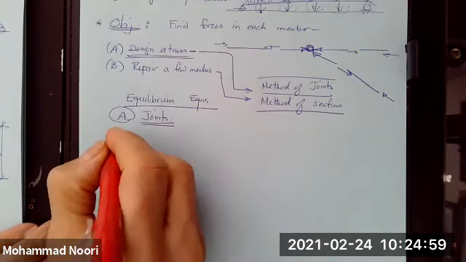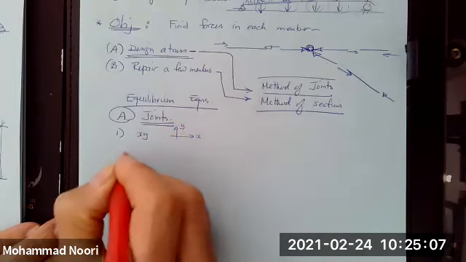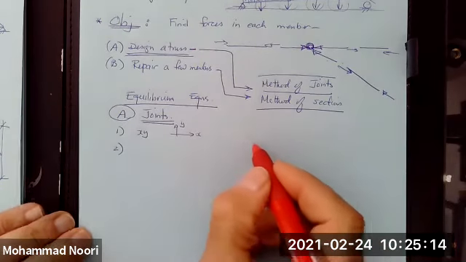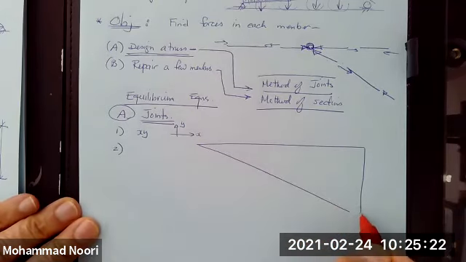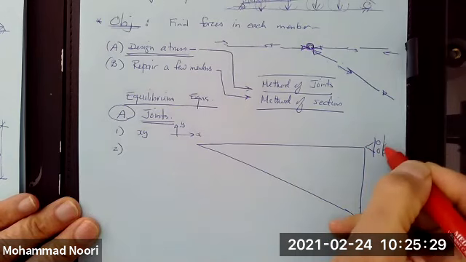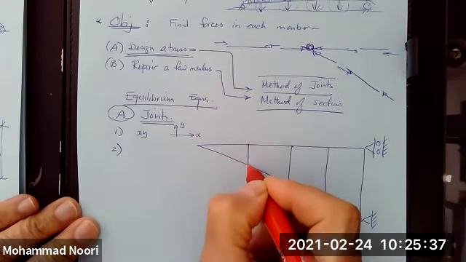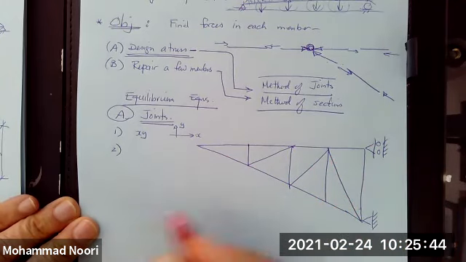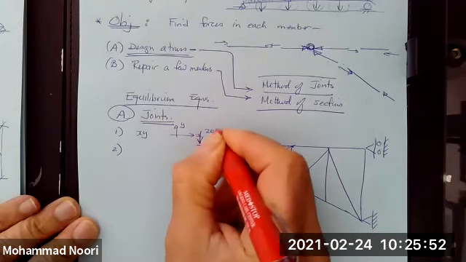What are these steps? Step number 1, similar to frame, you establish an X and Y coordinate system. Step number 2, this is very, very important. Let me first set up a truss structure and draw it. Let's say you have a truss like this, externally supported, with all these members, subjected to this load of 30 kilonewton here, 20 kilonewton here.